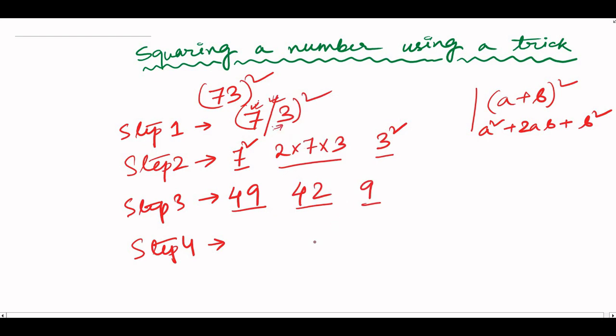Okay, so in step 4 what we have to do is we have to consider one digit at a time from the right hand side. So first 9 will come, then from 42, 2 will come, 4 will be in hand, then we have 49, then 49 plus 4 is 53. Okay, so 5329 is the answer.